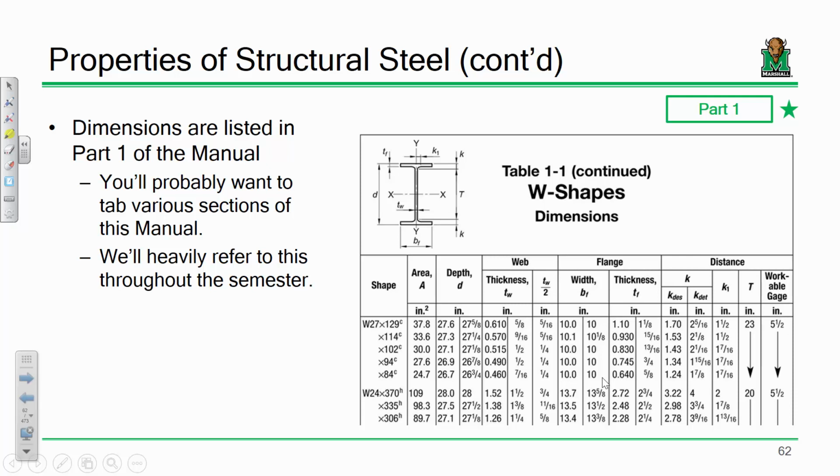Let's look at part one. I want everybody to open up their manual and turn to part one. It doesn't really matter what page, but I'd like you to turn to one of the W-shaped sections. Any one of them, it doesn't matter.